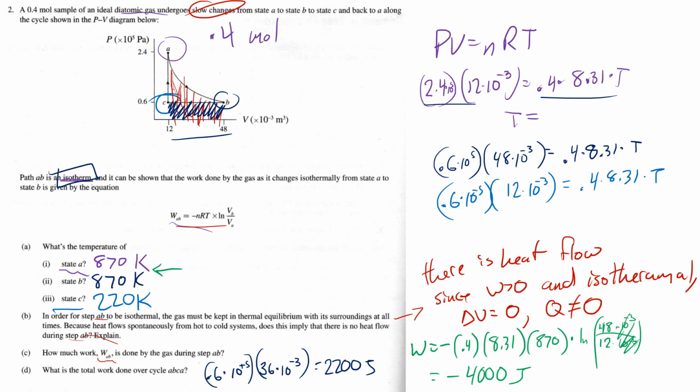We don't have to worry about this vertical step here because W is equal to 0 for stuff like that. So we add those together, and we get negative 1800 joules. And that is it.